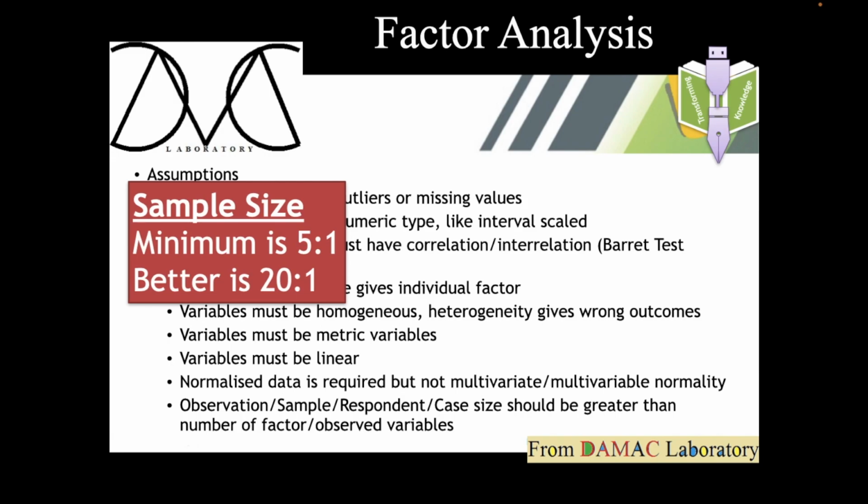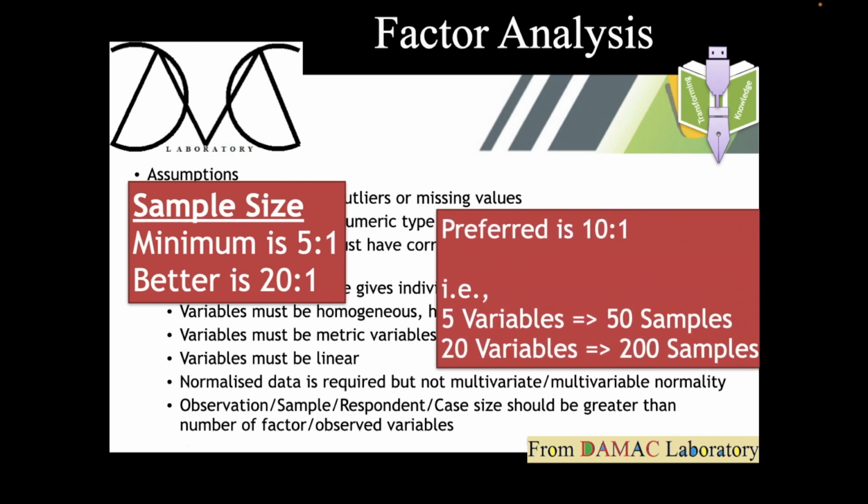Better is 20 to 1, that means 2000 rows in case of 100 variables, or 100 columns. If you have a data set with 100 columns and you want to do factor analysis, it is better if you have 2000 rows. In between, there is a preferred choice, 10 to 1, for a good output, for good outcomes.